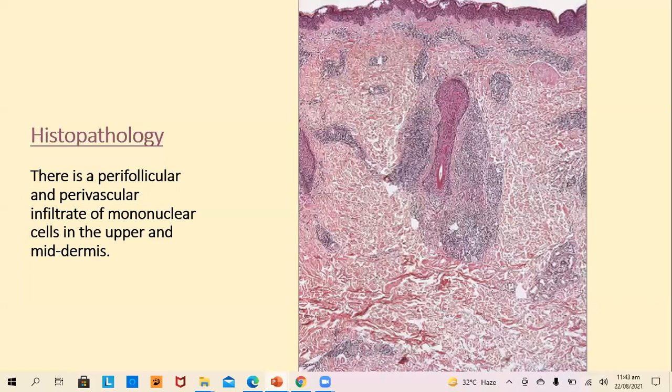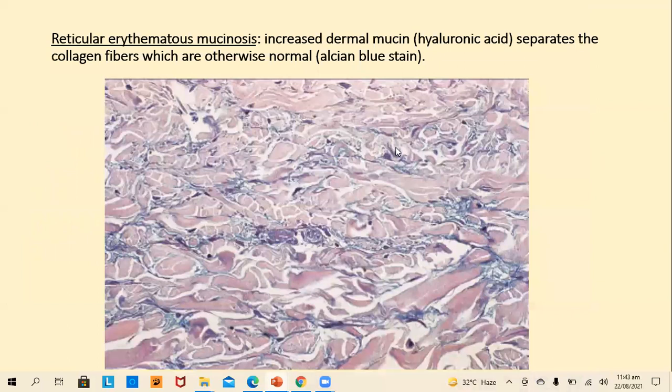The histopathology shows a perifollicular and perivascular infiltrate of mononuclear cells in upper and mid dermis. So the infiltrate is quite significant. In addition to the infiltrate, increase in dermal mucin, hyaluronic acid is seen in the dermis with separation of collagen fibers. The collagen fibers are otherwise normal.